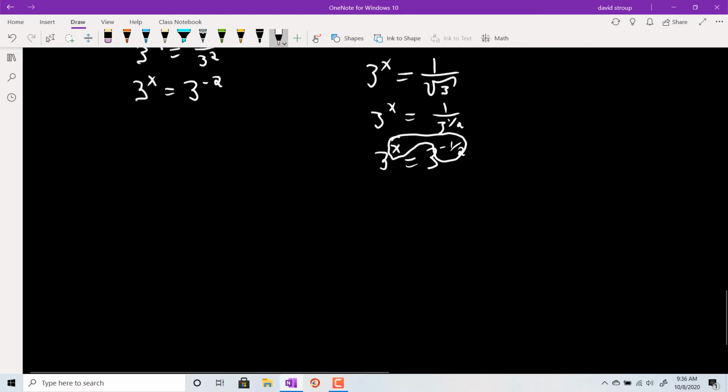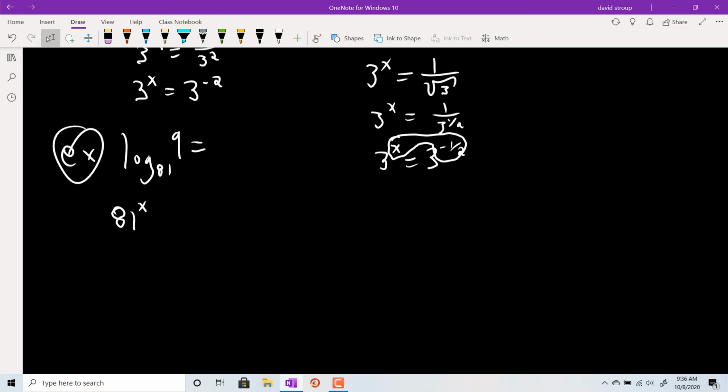Let's look at another. Log base 81 of 9. So 81 to what power is equal to 9? This time, I have enough experience with numbers to know the square root of 81 is 9.